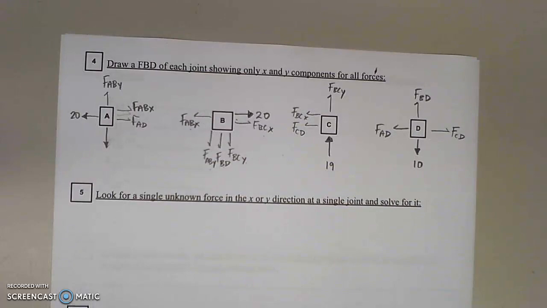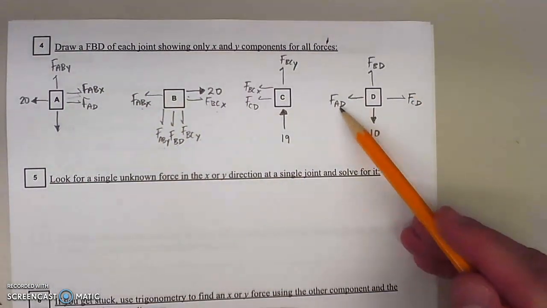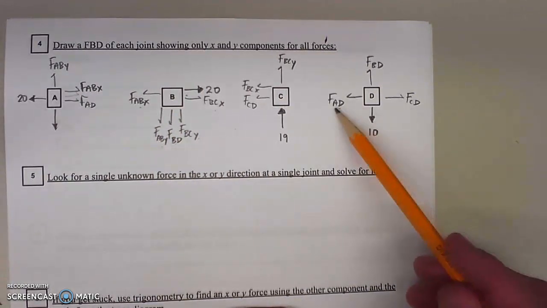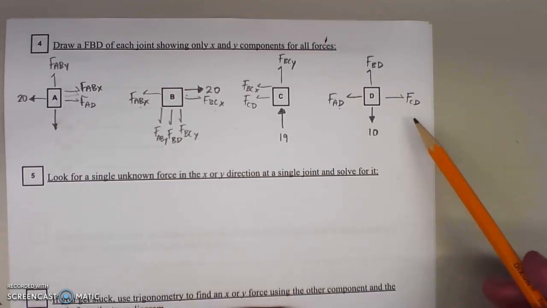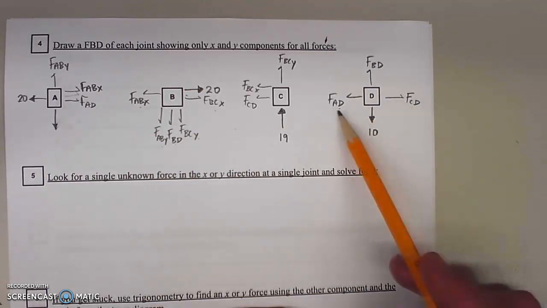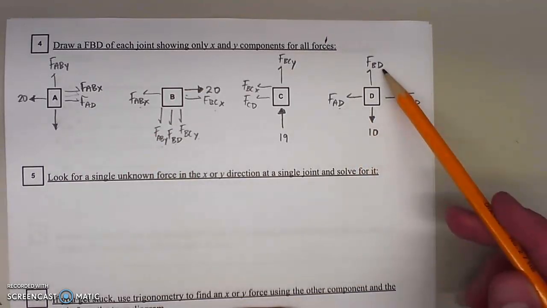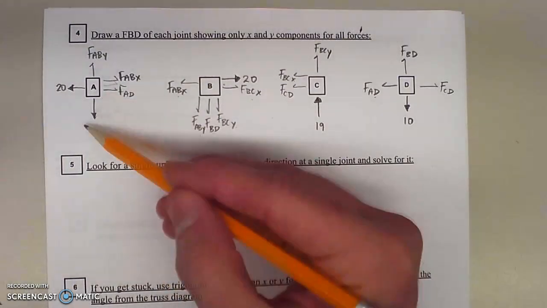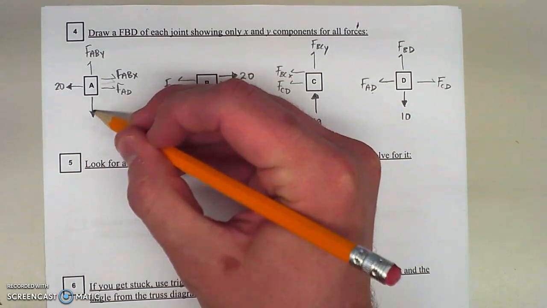There we go. Right away, one thing I can tell is that FAD and FCD are going to have to equal each other, right? Because they're the only 2 X forces here, and it's got to be static. So I know that those are going to be the same. I can also pretty easily tell what FBD is, but we'll get there in a second. Oh, did I leave one of these off? This should be 9.